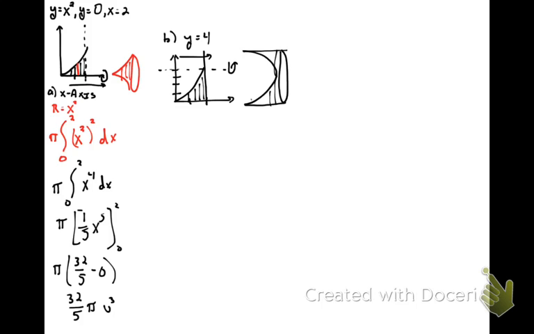Our big radius is from here to the axis of rotation, and that would be 4 units. Our inner radius I'll do in blue. It's going to be this component here, and our inner radius is the whole large radius 4 minus this piece, and that piece in green is x squared, so our inner radius is 4 minus x squared.